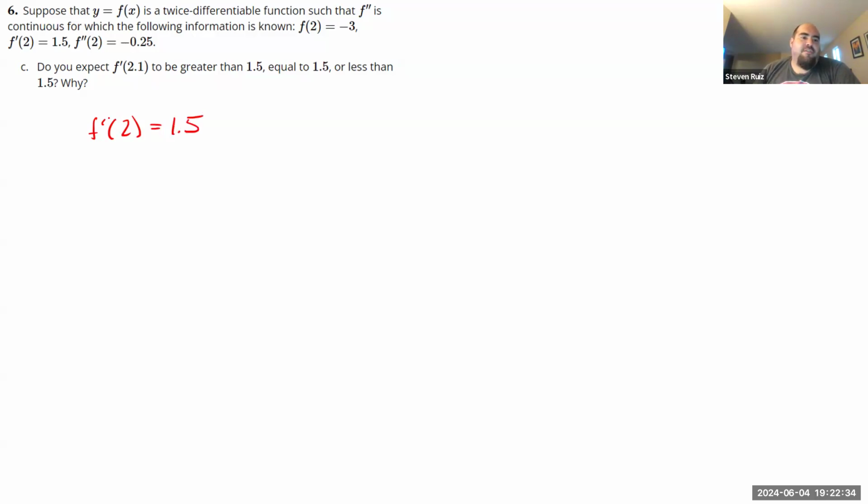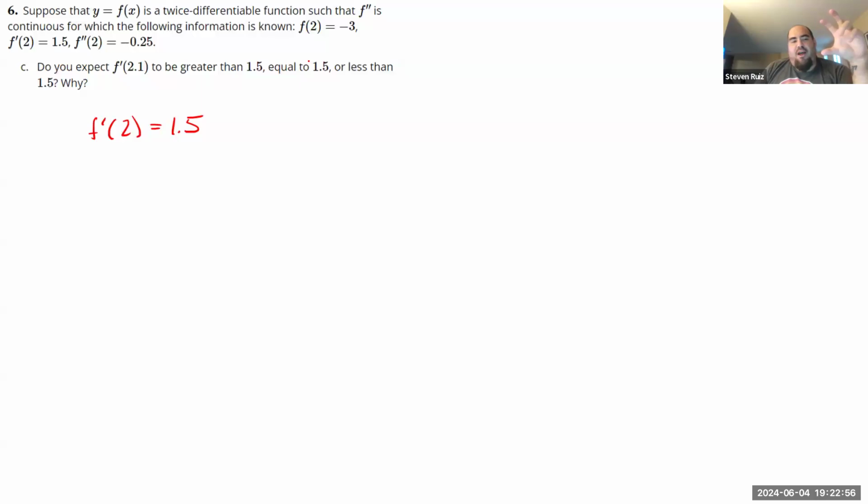If we let x increase a little bit, what do we think is going to happen to f prime? Basically, we're asking: is f prime increasing or decreasing? What is it that tells us?